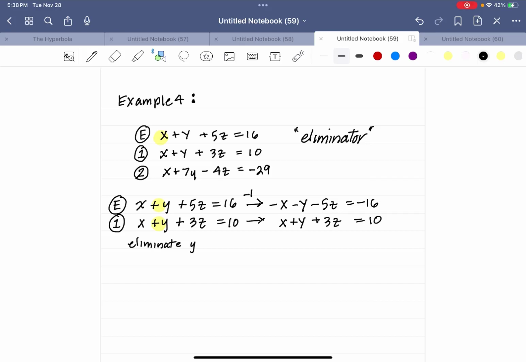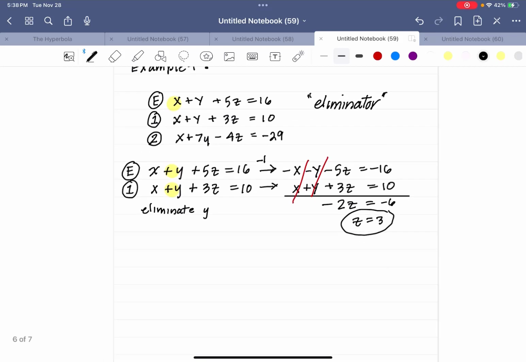And then I add them together, and look how lucky I am because the x and the y got eliminated, and I'm just left with -2z equals -6, so z is 3. So I already know that z is 3, even though sometimes you'll still have an equation with 2 variables there, and you'll see that in the next example.